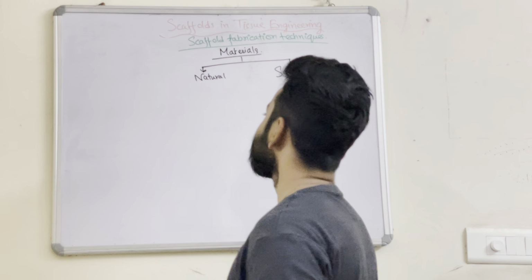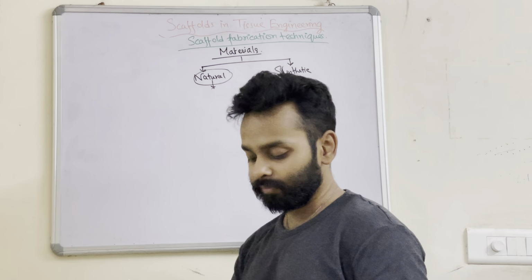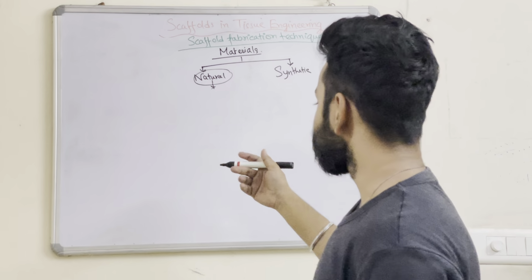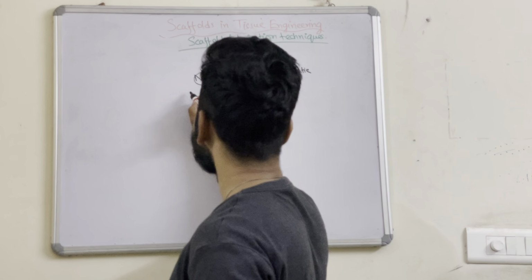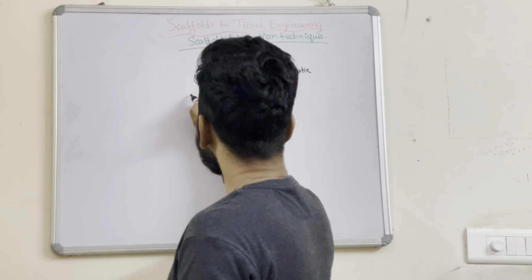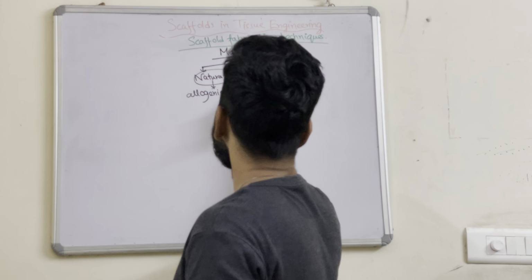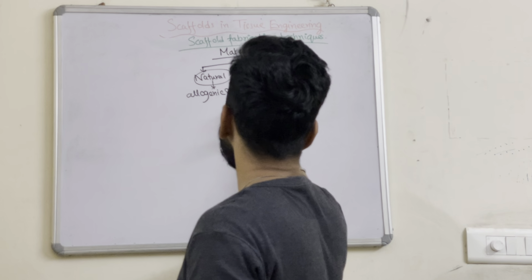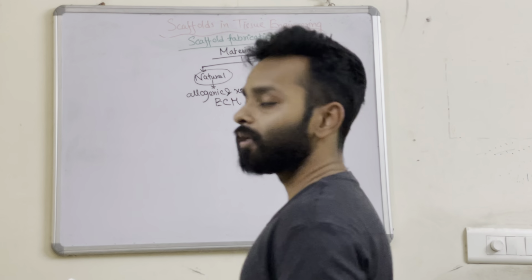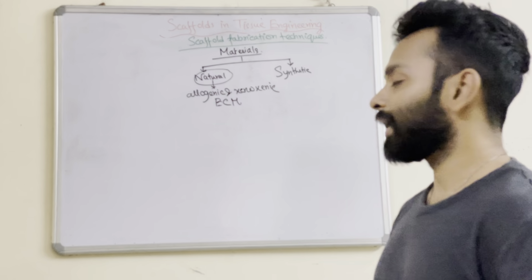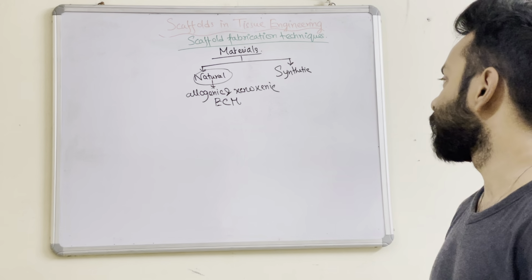These can be obtained, modified and tailored from natural sources, such as allogenic or xenogenic extracellular matrix, which can be used as a suitable natural scaffold for tissue engineering applications.